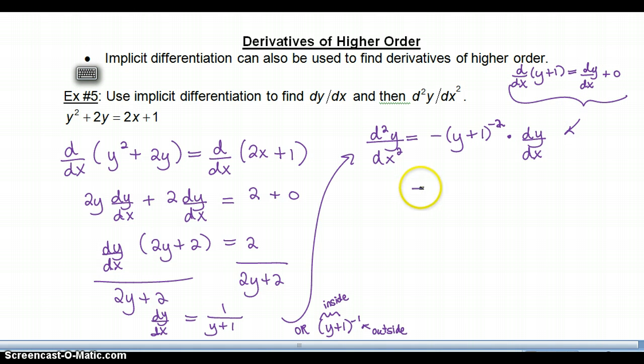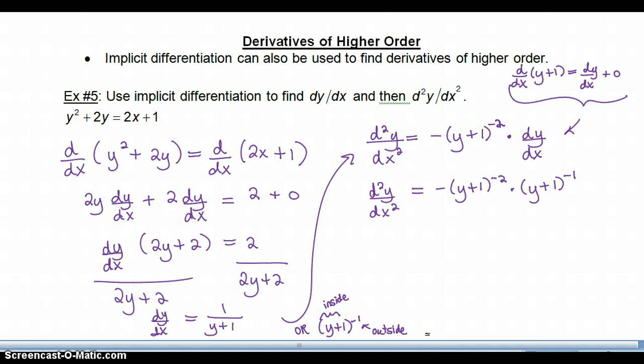Now, we're almost done. Well, I can't leave dy/dx on the right side. What was dy/dx? So I'm going to substitute in (y + 1) to the negative 1 because that was my first derivative.